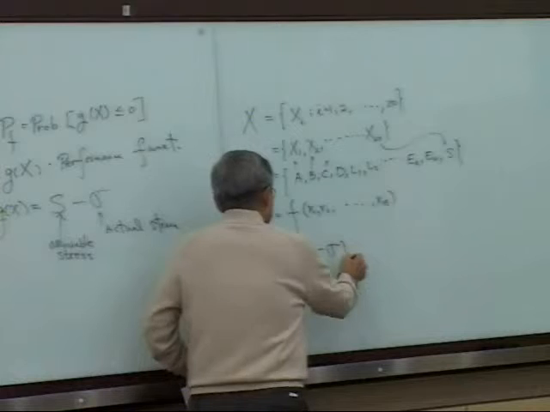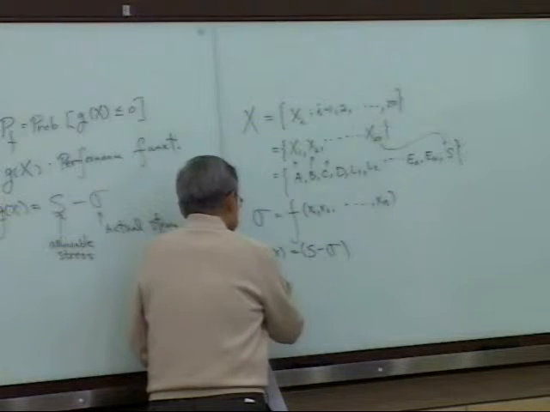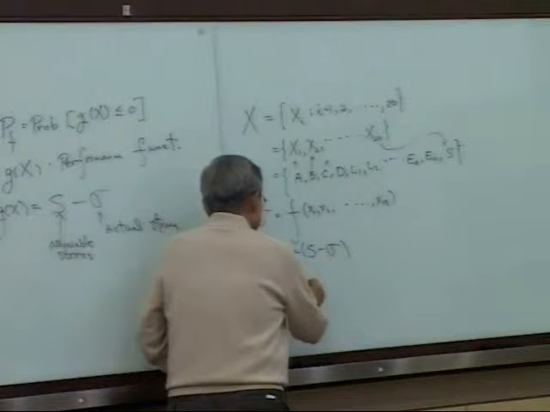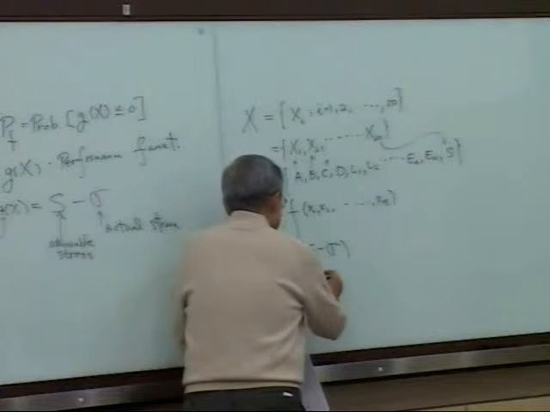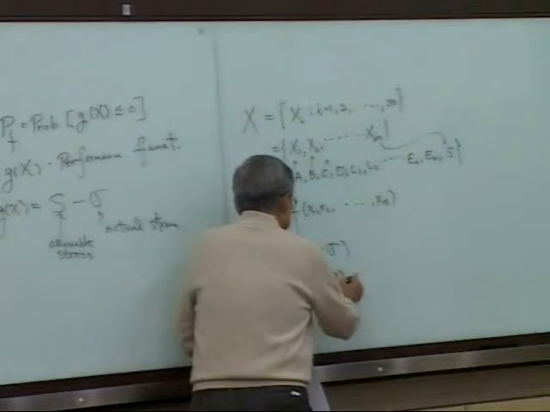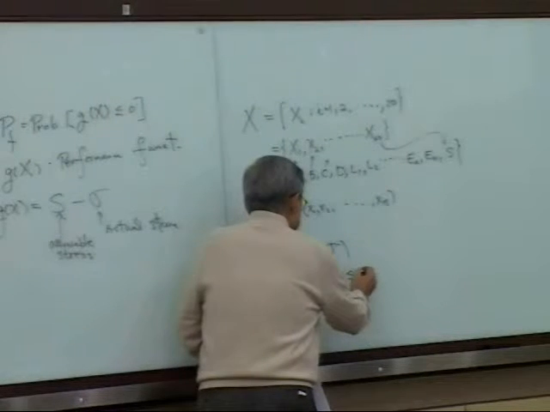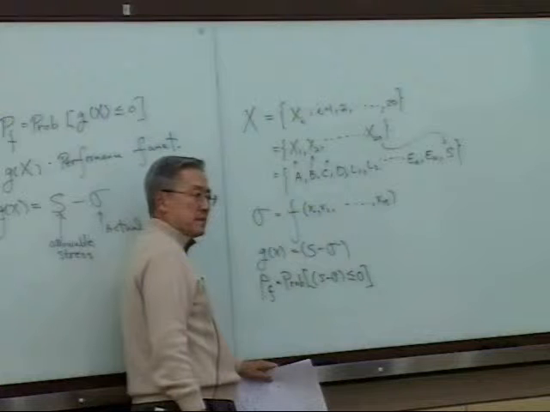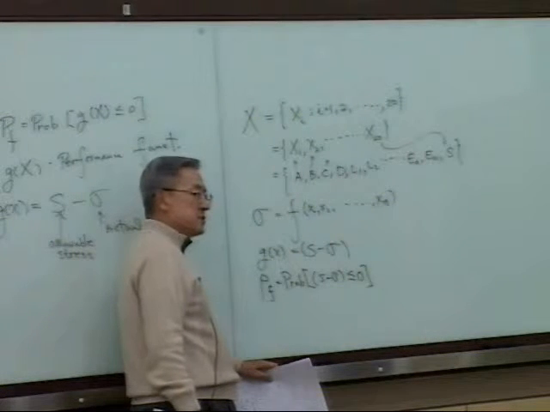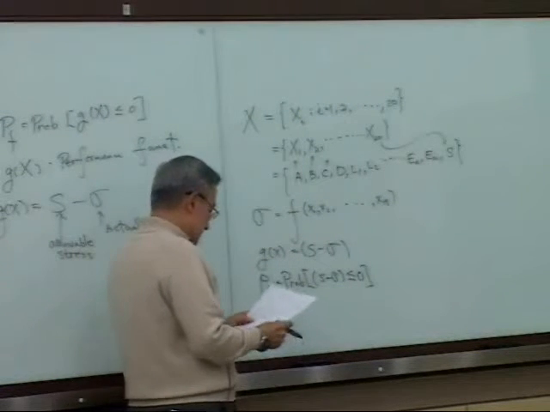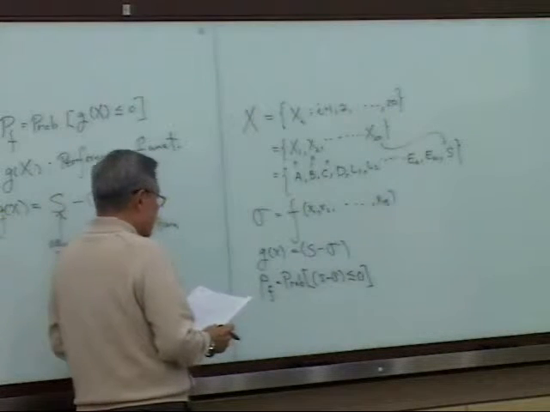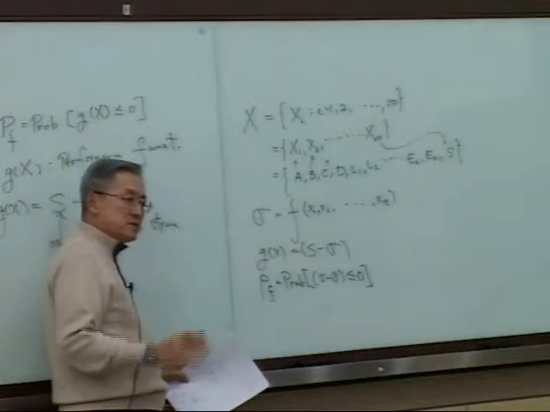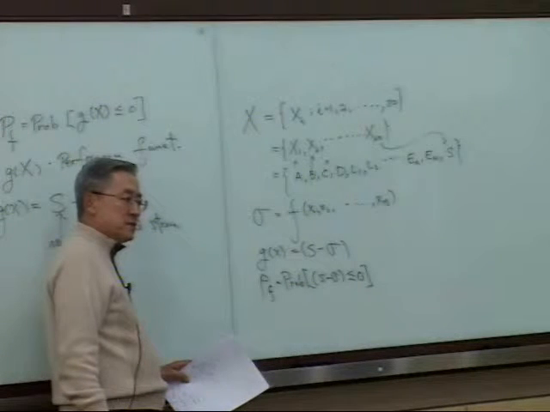So for the probability function now you can define the probability such that S minus sigma is less than or equal to 0. It's some job to do. So now the basic formulation is done.